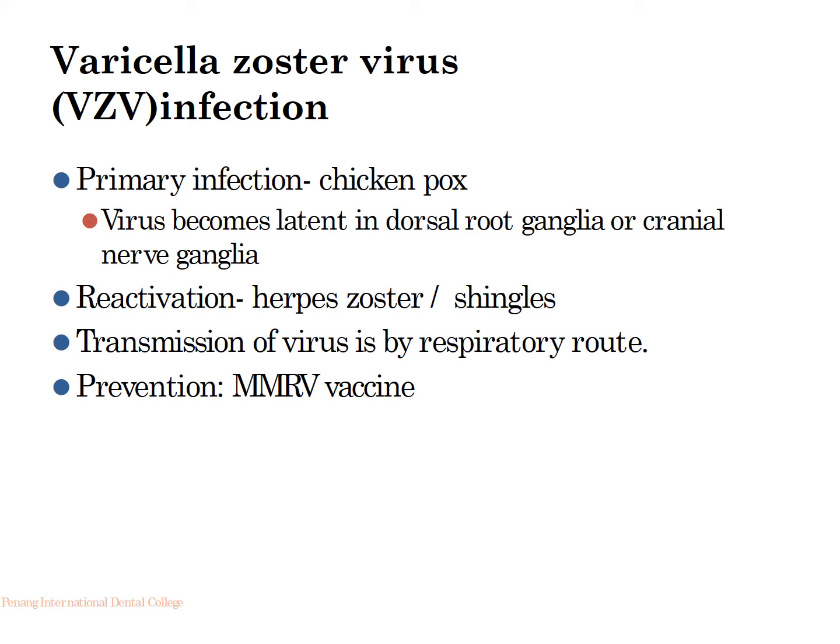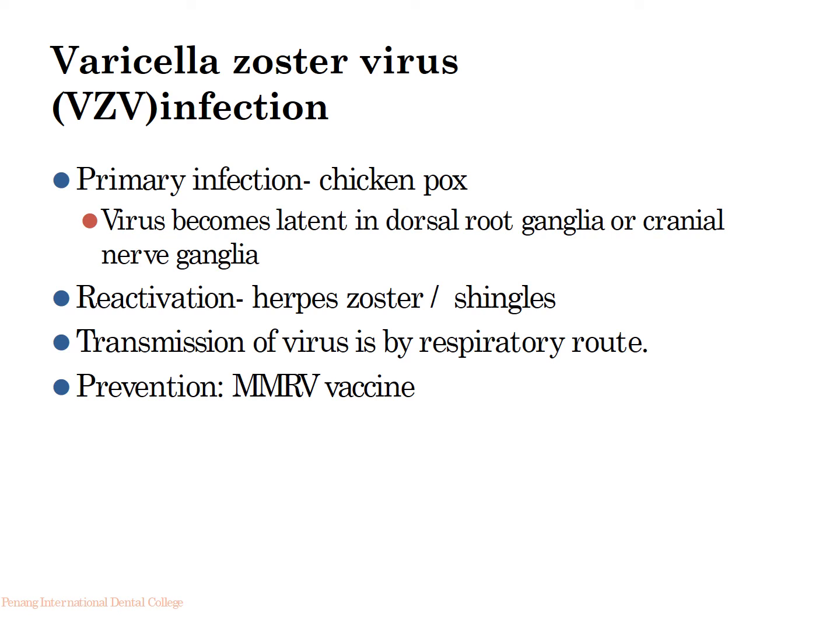Let's move on now to varicella zoster virus infection. The primary infection is chickenpox. Now, as a child, many of you would have had chickenpox. The virus becomes latent in the dorsal root ganglion or cranial nerve ganglion after the primary infection, and it can get reactivated to cause a secondary infection in certain patients, which is also called herpes zoster or shingles.